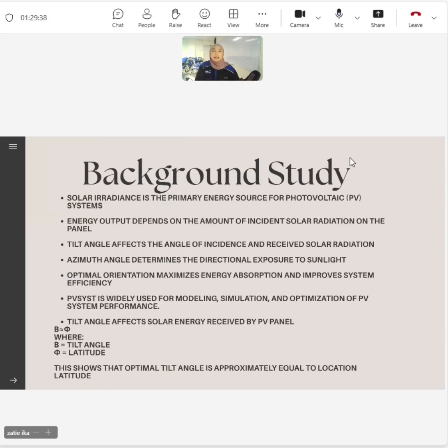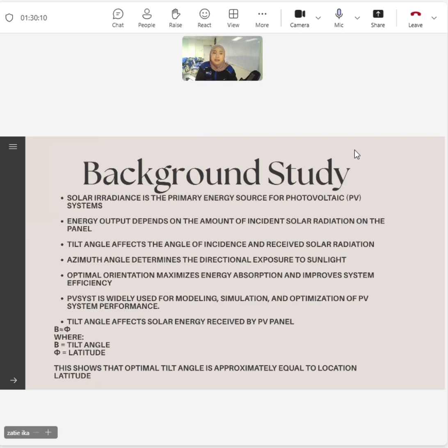Background study. This slide shows the basic concept of this project. Solar irradiance is the main energy source for photovoltaic system, and energy output depends on the amount of solar irradiance received. Tilt angle affects how much sunlight is received, while azimuth angle determines panel direction.